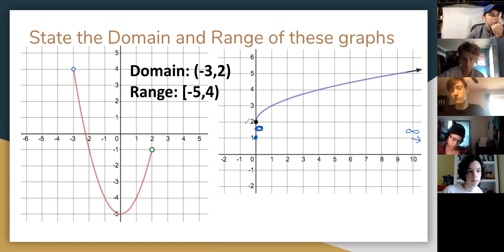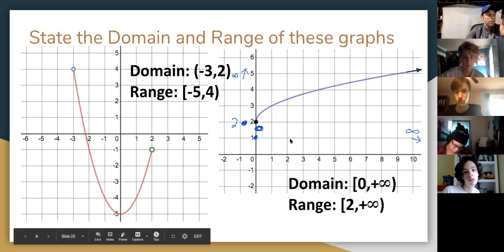And for my range, my lowest point is at 2. And my highest point, well, since this graph is kind of going slightly up forever, it is going to be going up to infinity. It's going up forever. So that's what we should see when we write that domain and range.